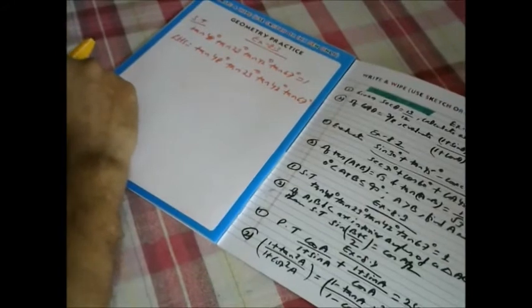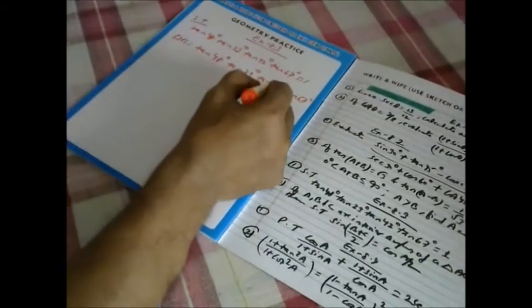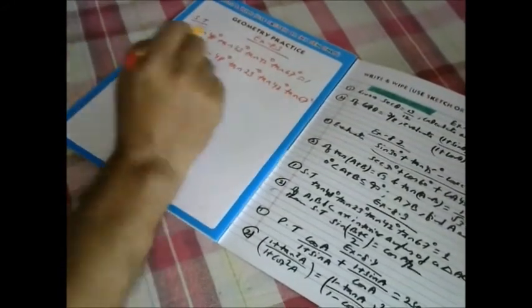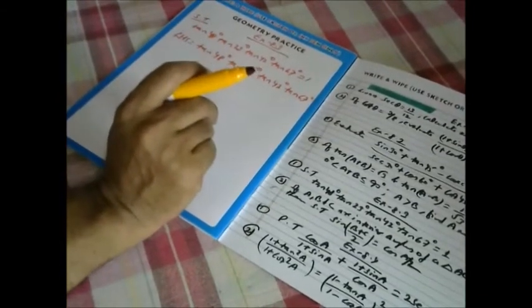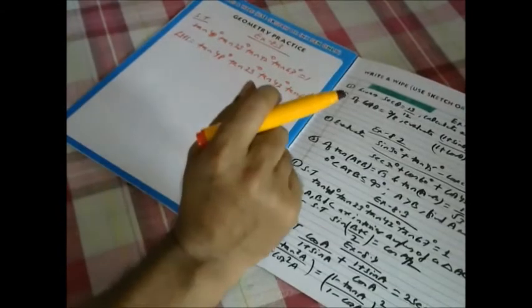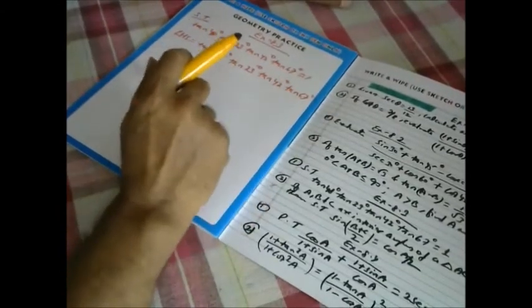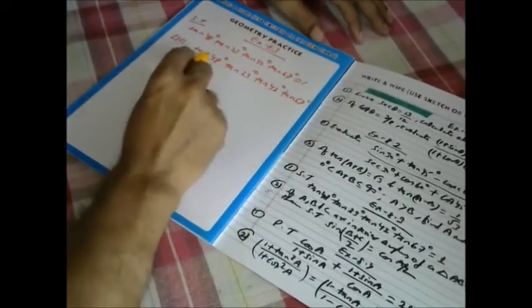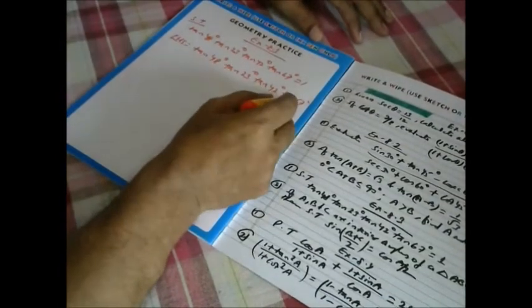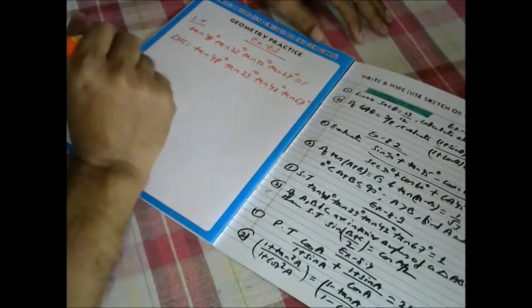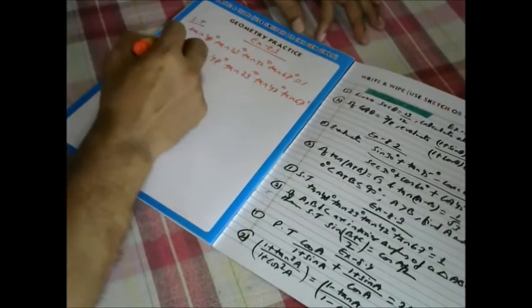You can see that 48 plus 42 is becoming 90, and 42 and 48 is becoming complementary angle, and 23 and 67 is becoming complementary angle.